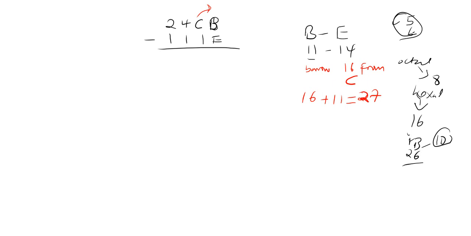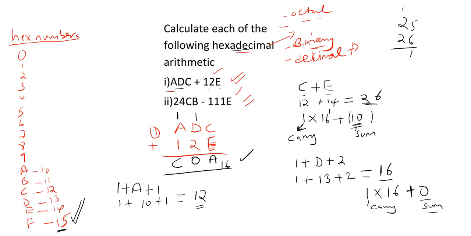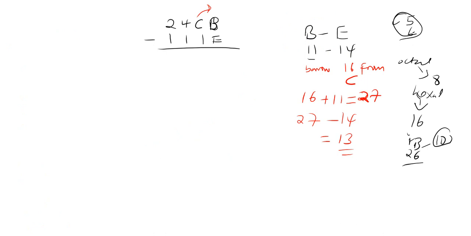Now we take the 27 and subtract our E, which is 14. We get 27 minus 14 is 13, and 13 is represented by D. So B minus E, we write D.